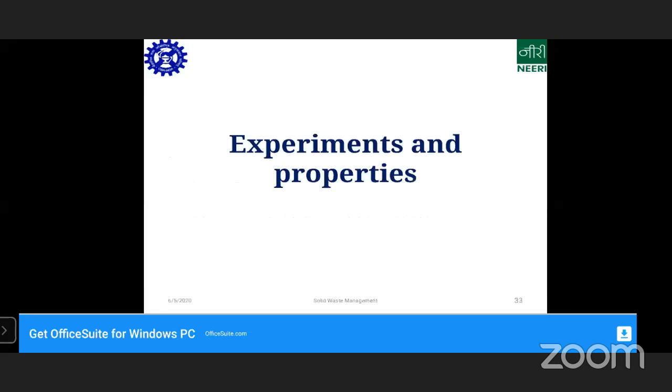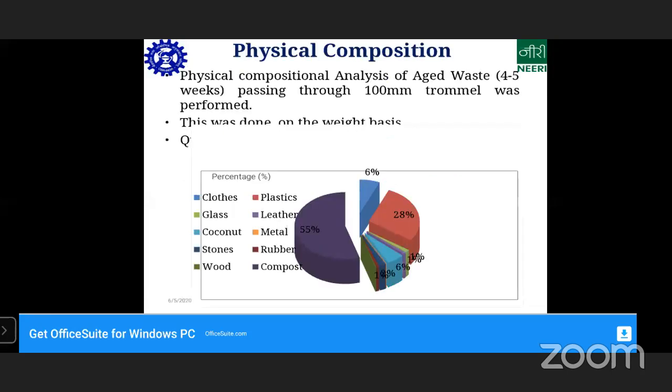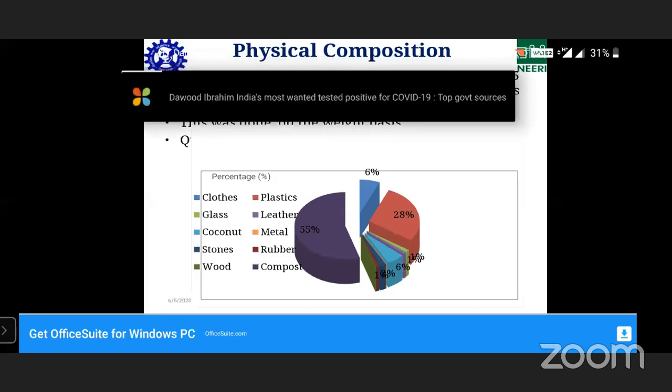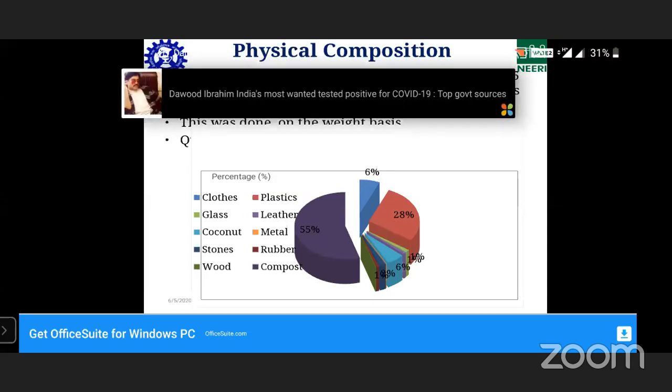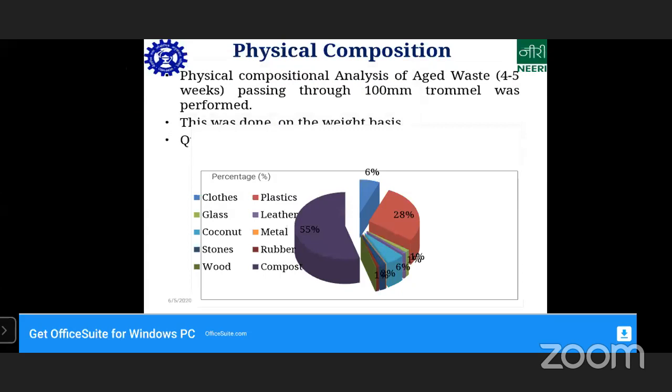Okay, we'll start with experiments and properties. First comes the physical composition. It is categorized into organics, clothes, leather, metal, wood, paper, and plastics. Here, it is a mixed waste in the landfill, and they try to produce compost. They don't separate waste by hand there. Only the big particles, greater than 20-30 centimeters, are removed by the rag pickers.